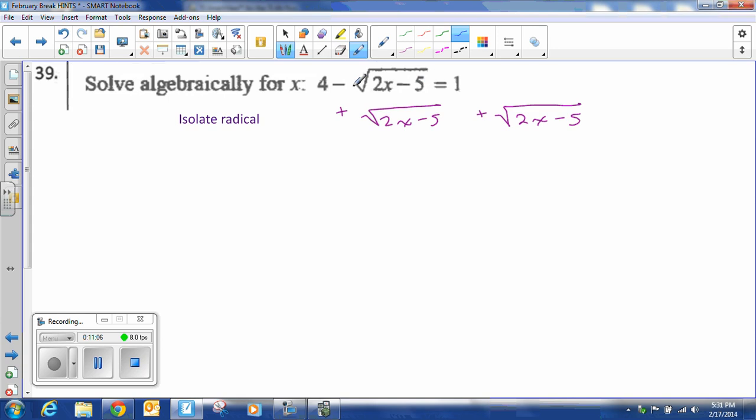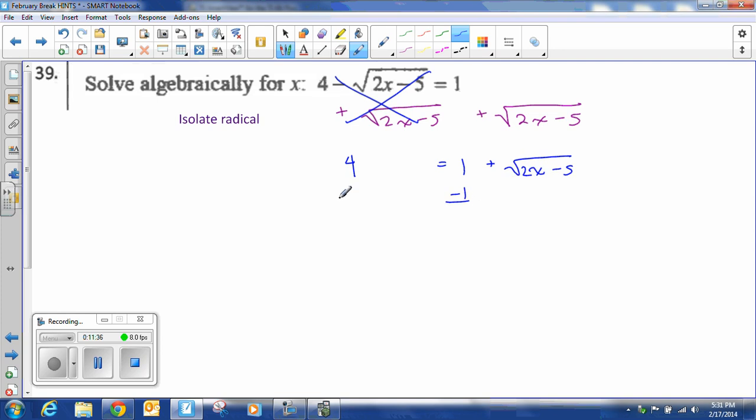Here, the radical is not by itself because we have 4 over here. Now, we could have subtracted 4 from both sides, but then we'd end up with a negative radical. So to take care of that, it's easier to just add radical 2x minus 5 to both sides. This totally cancels out. We're left with 4 equals 1 plus radical 2x minus 5.